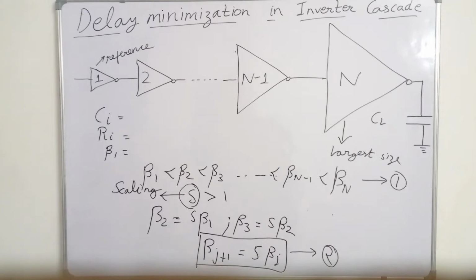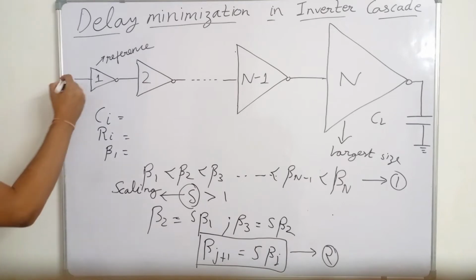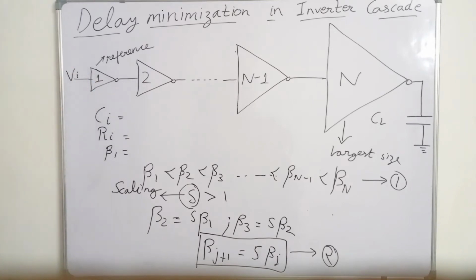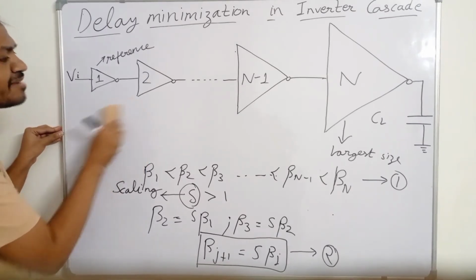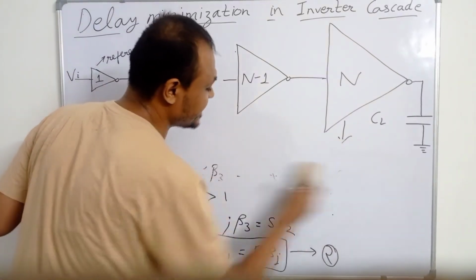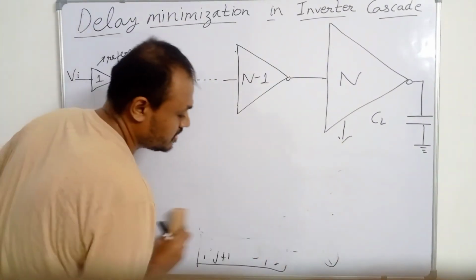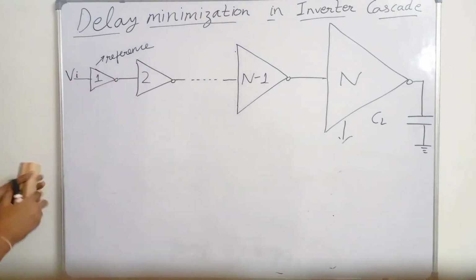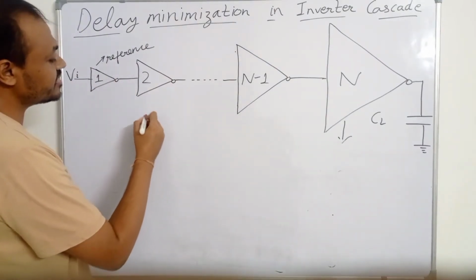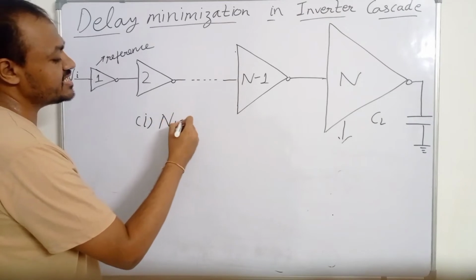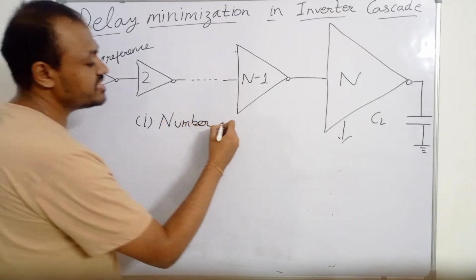Suppose a signal Vi is applied at the input of inverter 1. What we want is to find the number of stages, which is n.